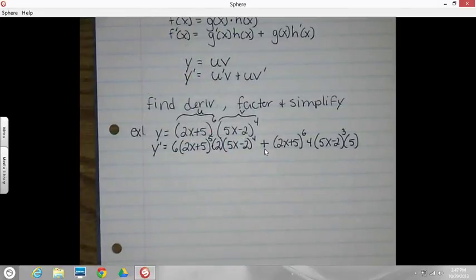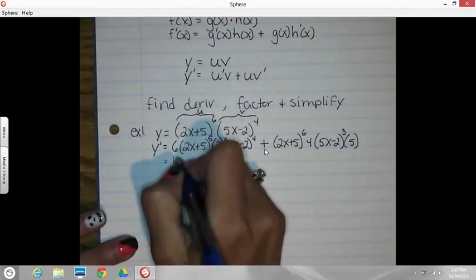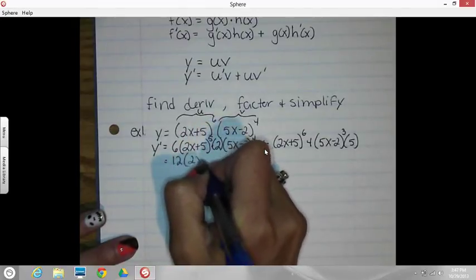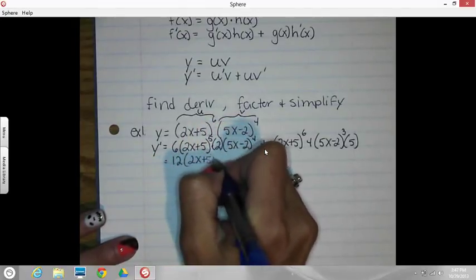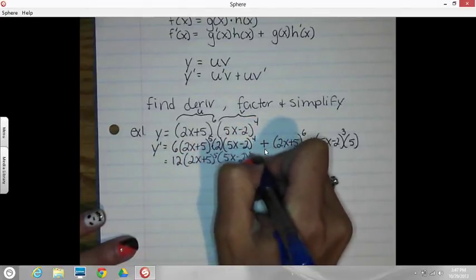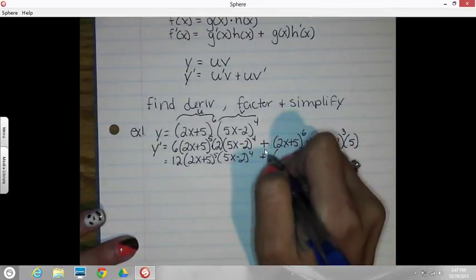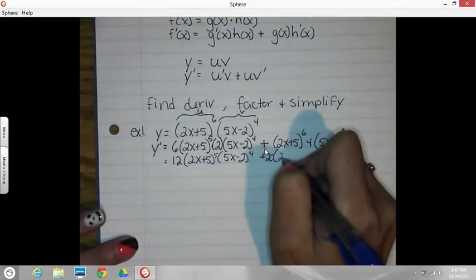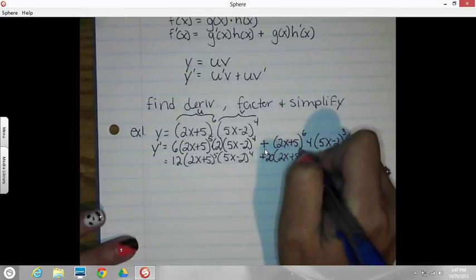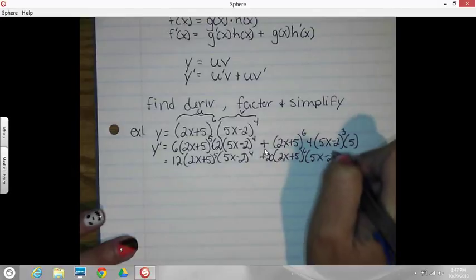Okay, calculus is done. Now, we can pull this 12 to the front here, times 2x plus 5 to the 5th and 5x minus 2 to the 4th. Plus, we need a 20 out there, 20 times 2x plus 5 to the 6th, and then 5x minus 2 cubed.